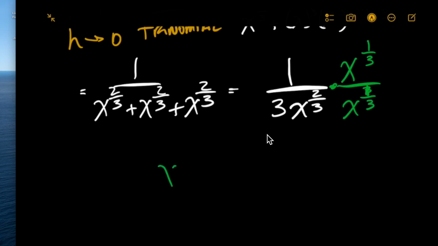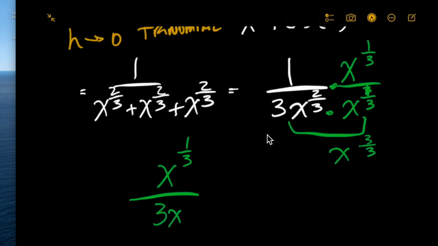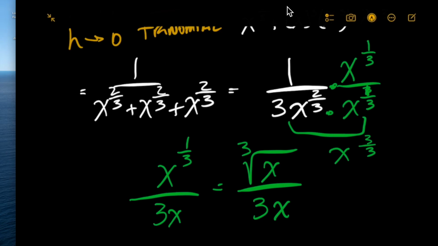So we're going to have x to the 1/3 on top. We multiply that, we're going to get x to the 3/3. So we're going to have 3x on the bottom. And if you'd rather have the radical form, that is the final answer for that limit.